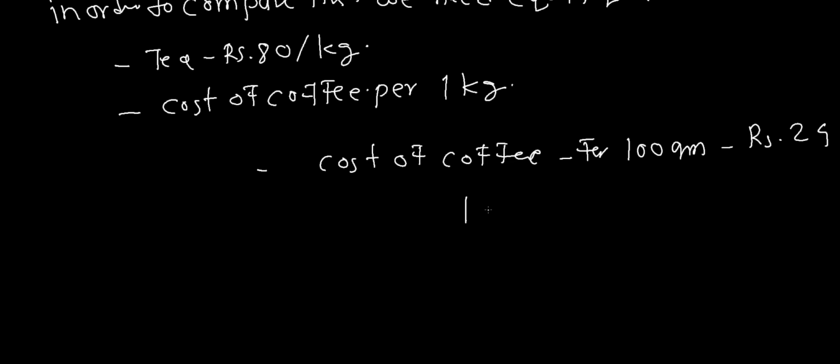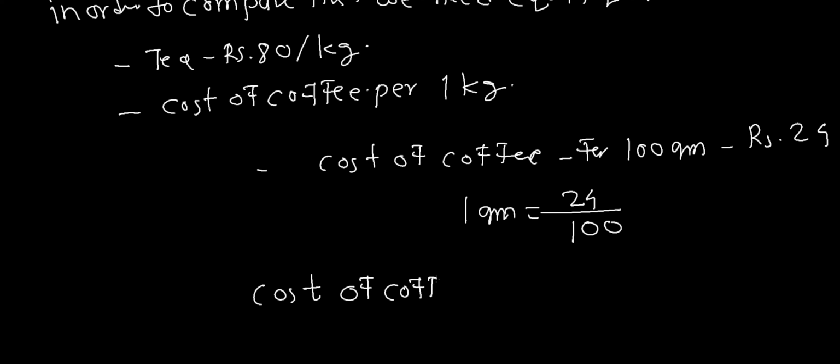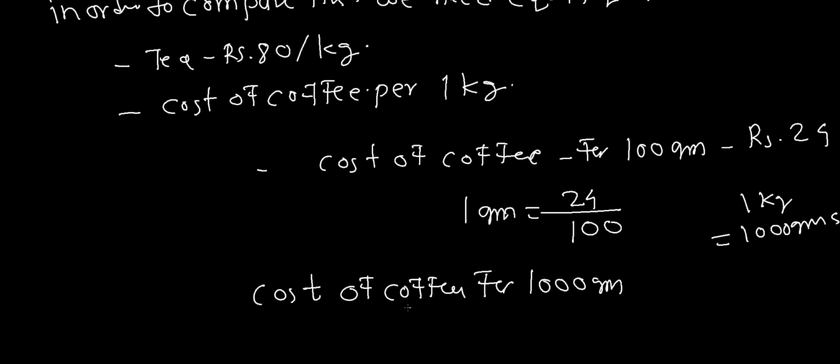Now the cost for 1 gram is rupees 24 by 100. That is the cost of coffee for 1 gram. So now the cost of coffee for 1000 grams. Why 1000? 1 kilogram equals 1000 grams. Hence we will now find out the cost of coffee for 1000 grams.